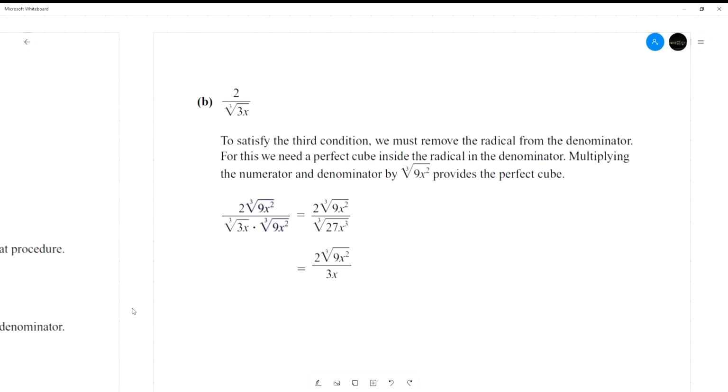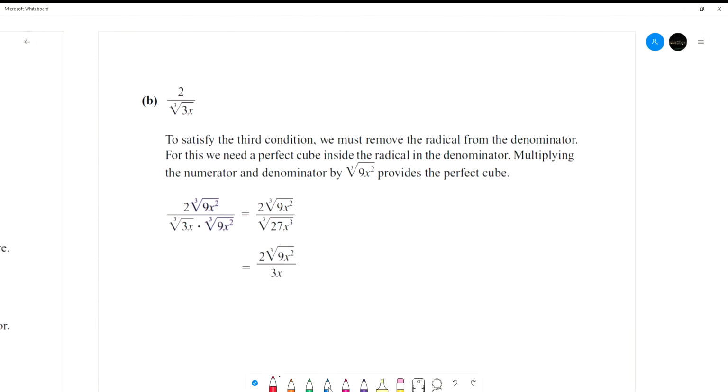Let's look at the next example. We have 2 over the cube root of 3x. Now, this is the cube root, so this is where you have to look at numbers cubed. The smallest that I see is 27x cubed. So what do I multiply this by to get 27x cubed?